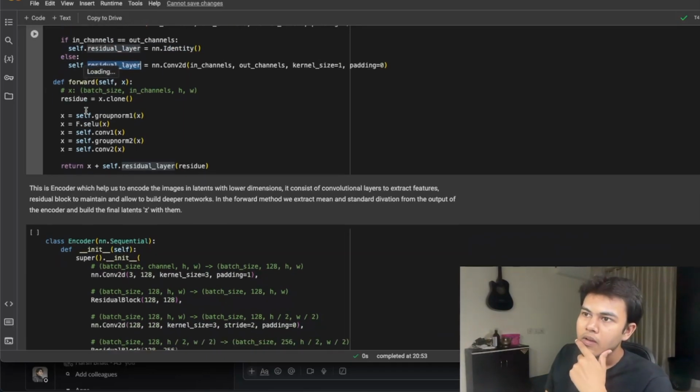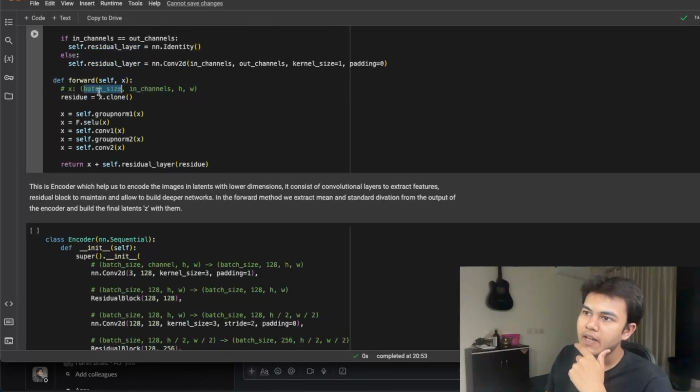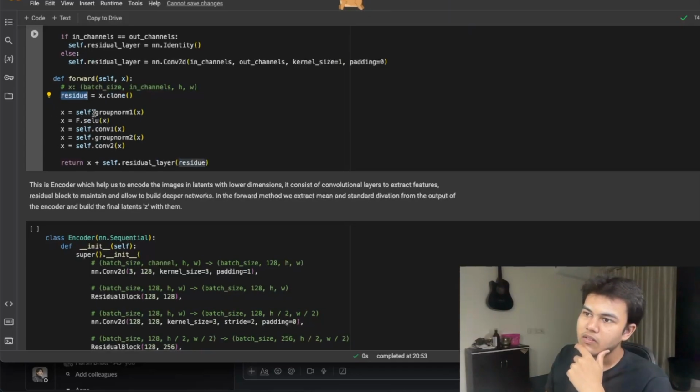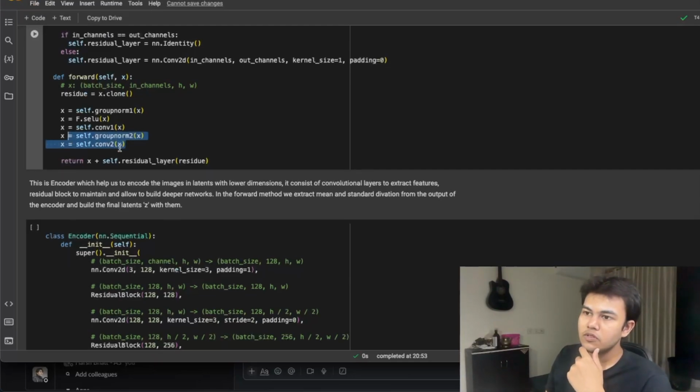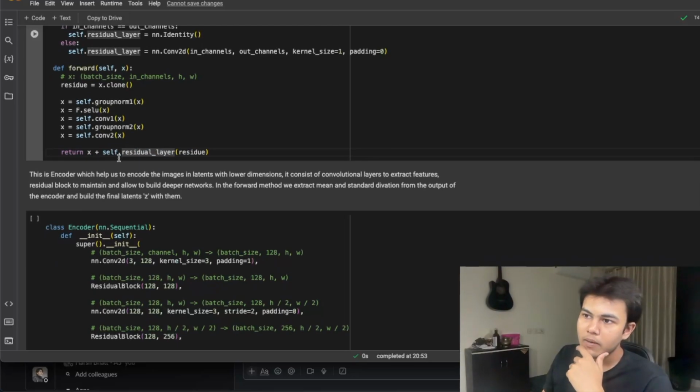In the forward function we have batch size, in channels, and h and w, and then we use the residual here, x.clone(), and call the group norm, then the activation function, and conv1, then the second block, which is group norm 2 and conv2, and at the end we add the residual and x, right?